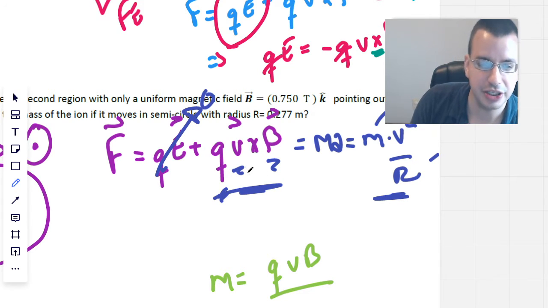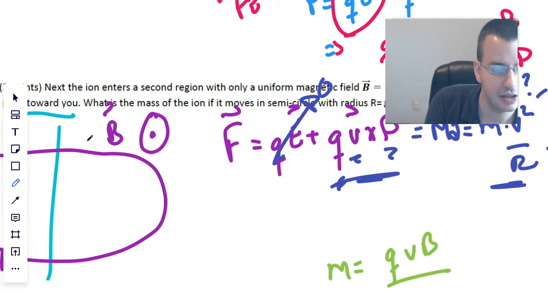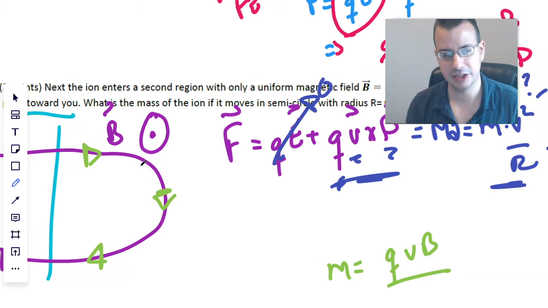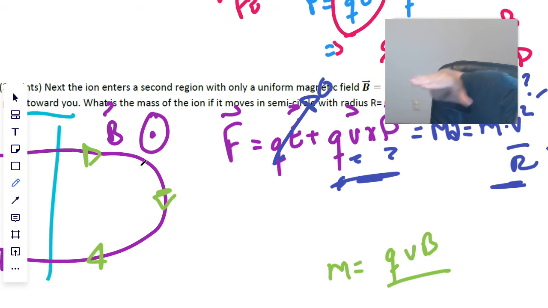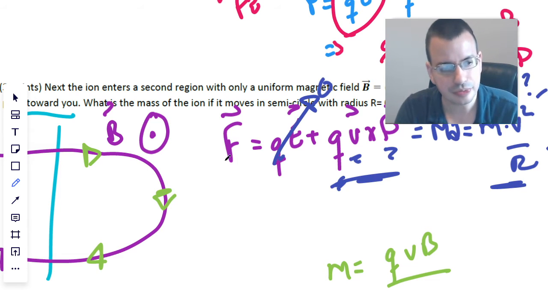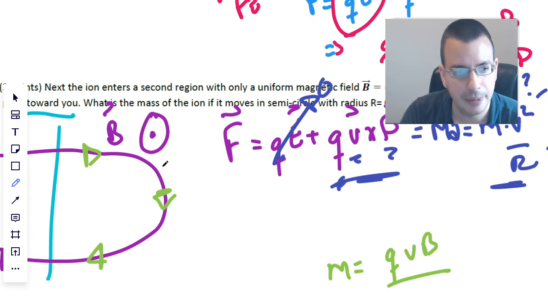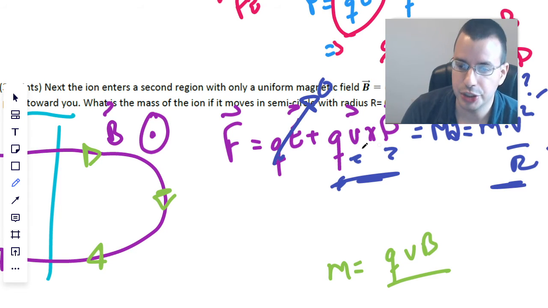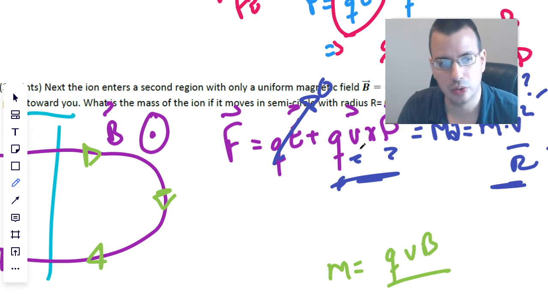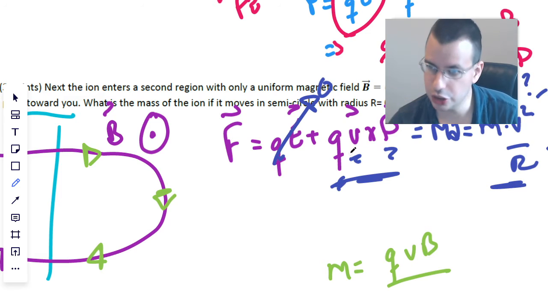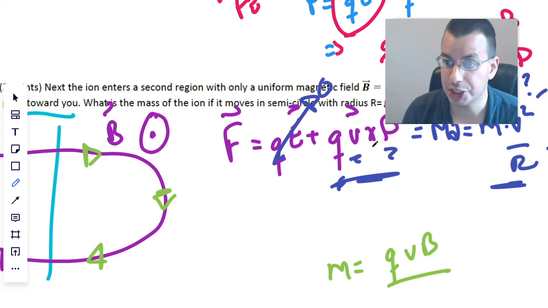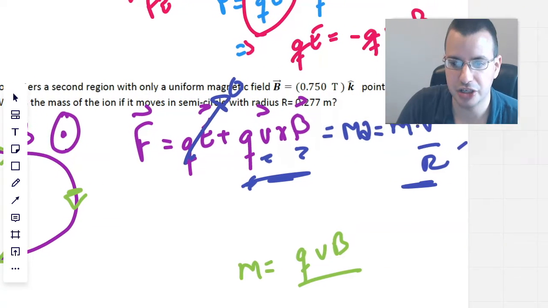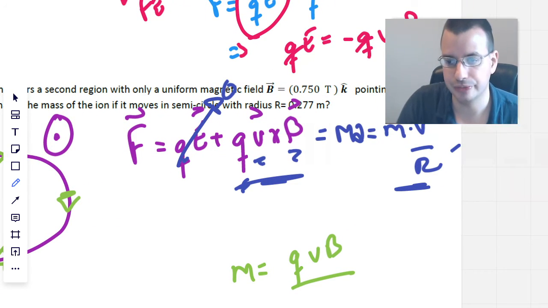This cross product here, since velocity is in this plane and the magnetic field is out of the board, we say V cross B, yep, coming out of the board, it'll always be perpendicular, which means the sine of theta, the angle between the two, will be sine of 90 degrees, which will be 1, which means I can basically just drop this cross product there. Because a cross product is just a measure of how perpendicular two vectors are.